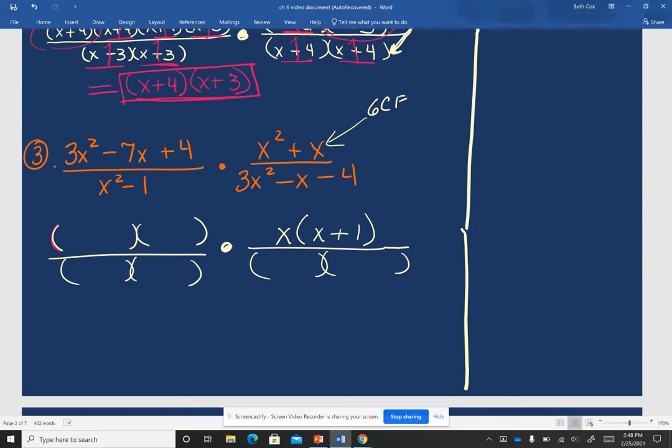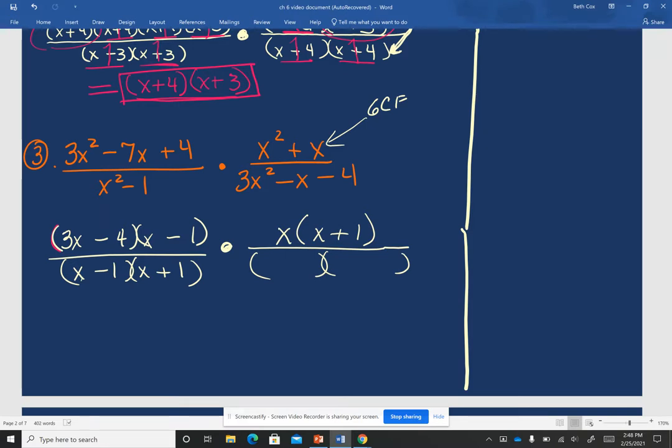Here we go. So that's x minus 1, x plus 1. This one's going to give me a 3x, and there we go. It's going to be 3x minus 4 and x minus 1.